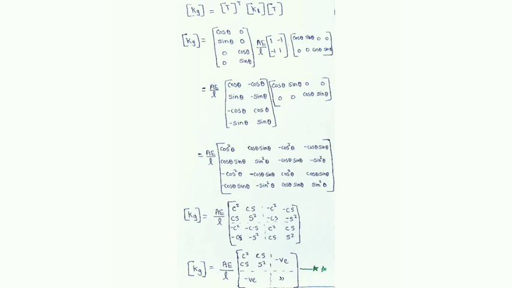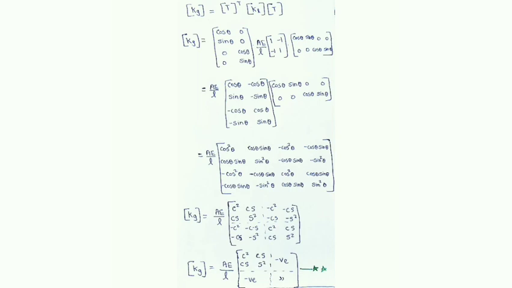To easily remember this matrix, we can divide it into four parts. You can see the first part is C square, CS, CS, S square, and the second part has the same values but in negative form, that is minus C square, minus CS, minus CS, minus S square. Now the third part again is the negative of the first part, that is minus C square, minus CS, minus CS, minus S square.